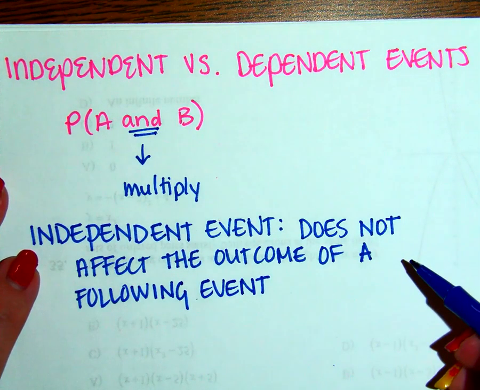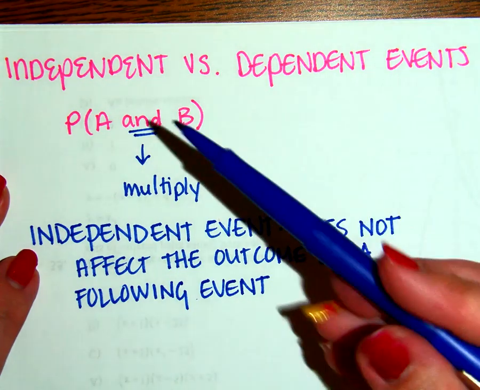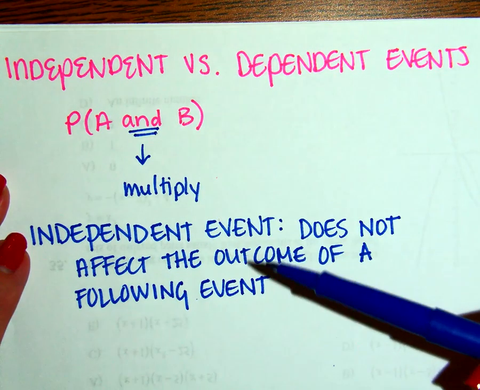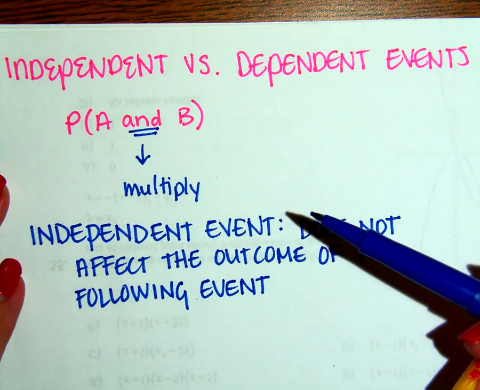So my first event, so event A, if it is independent, will not affect the outcome of a second event.